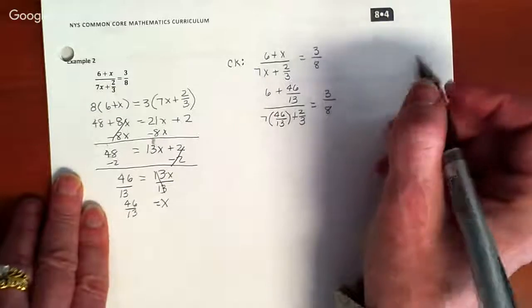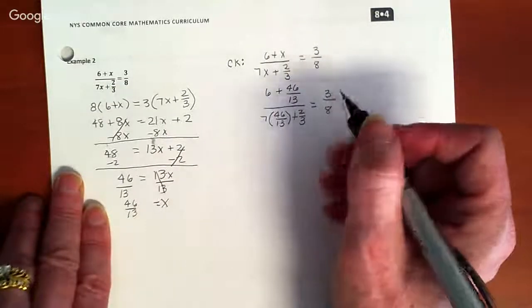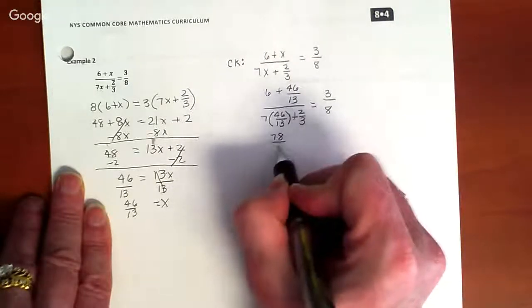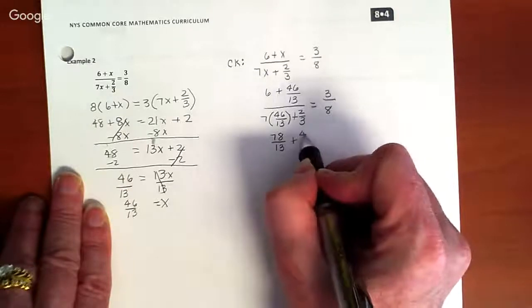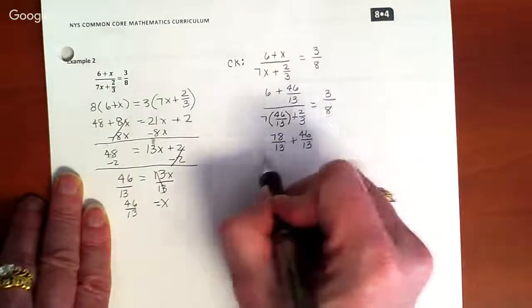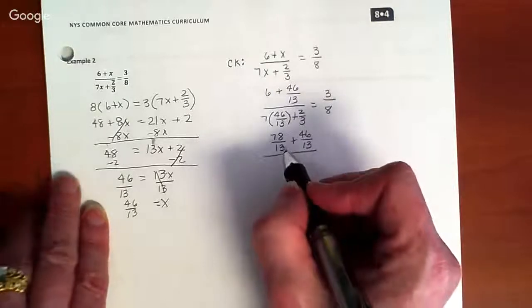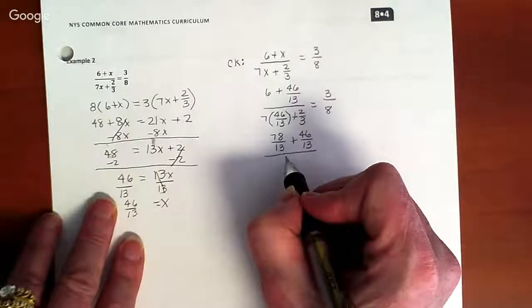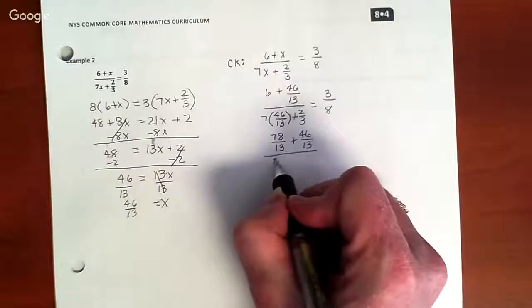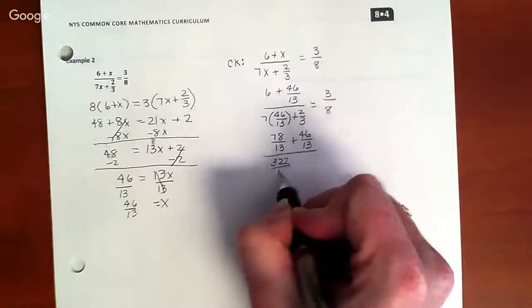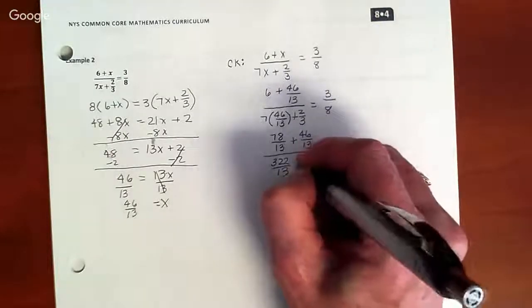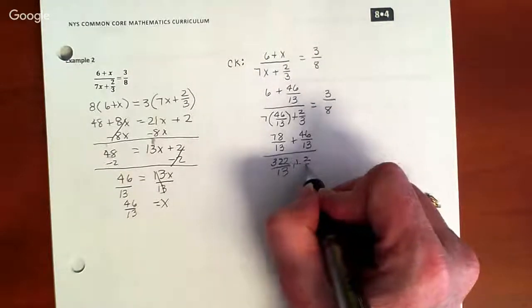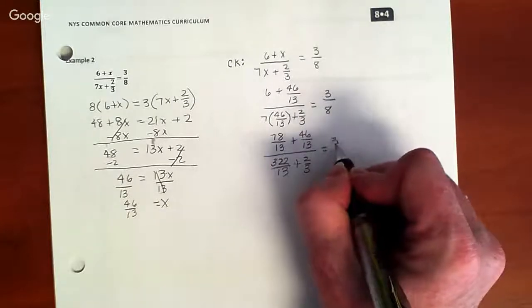So now I have 78 over 13 plus 46 over 13, over 322 over 13 plus 2/3, equals 3/8.